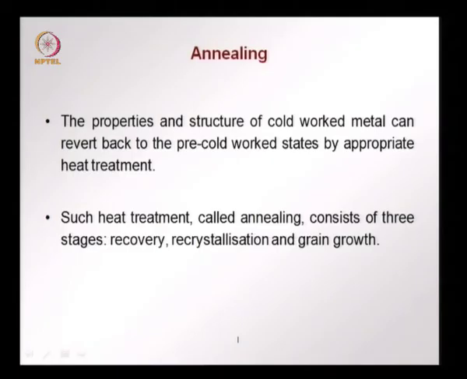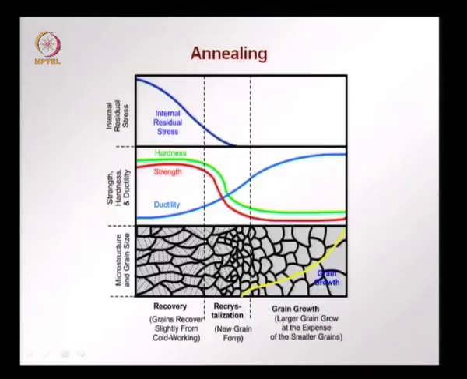Annealing consists of 3 stages: recovery, recrystallization and grain growth. Recovery is where most of the residual stresses are made 0, they are compensated. Recrystallization is where new crystals are forming, and grain growth, as the name implies, means that larger grains are forming.